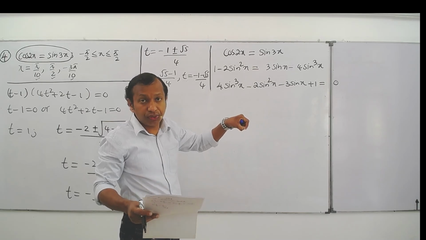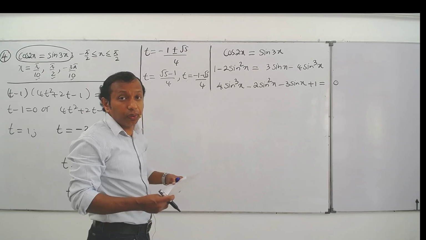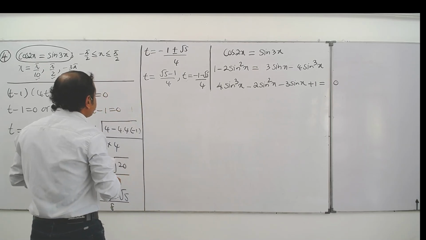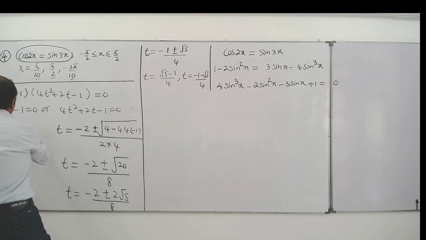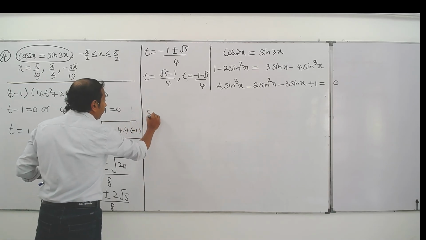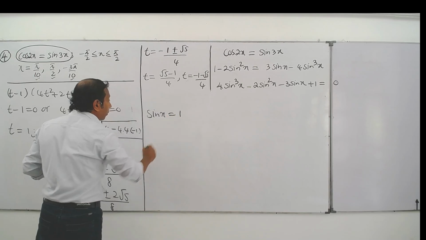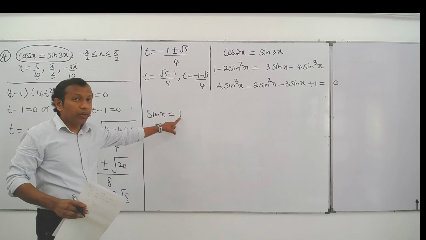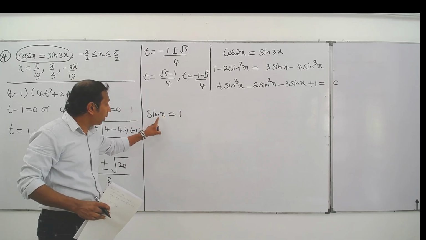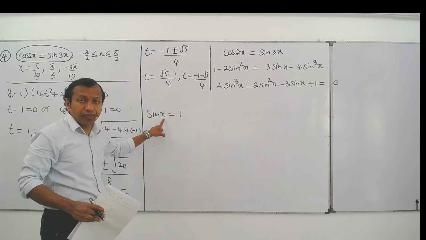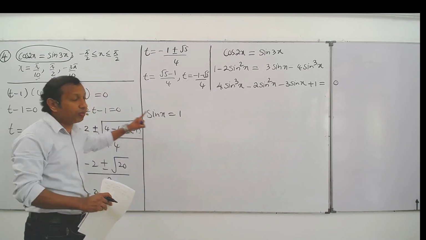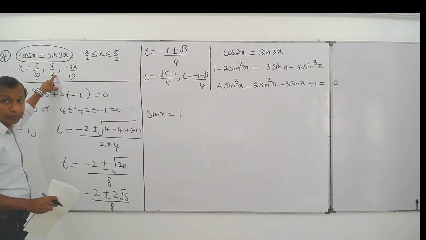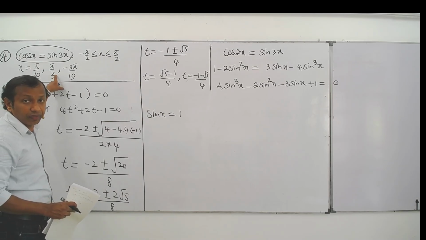But you know, here sin x equals 1. Here t is sin x, no? Sin x equals 1. People, now for sin x to be 1, you know x, that x answer only, people, earlier we found as pi by 2. Okay? Alright.